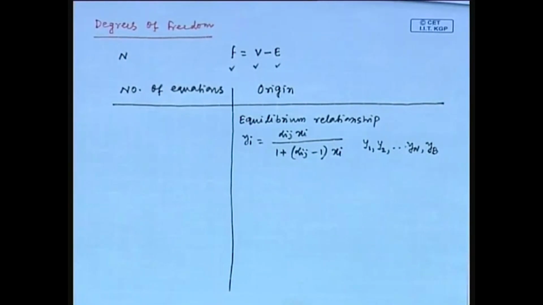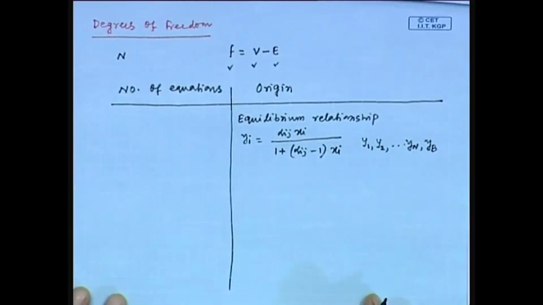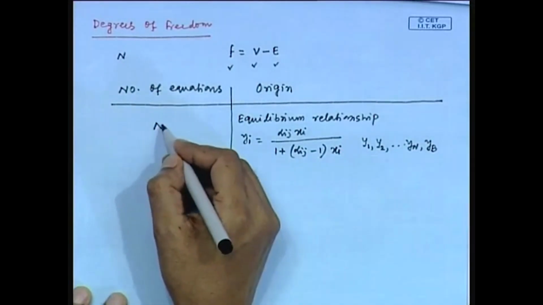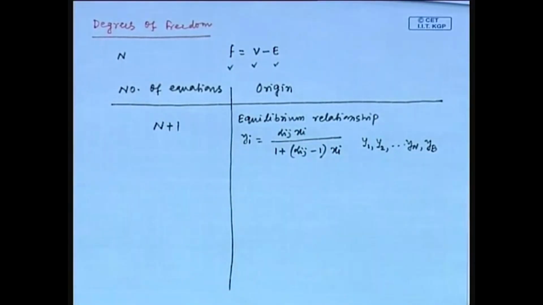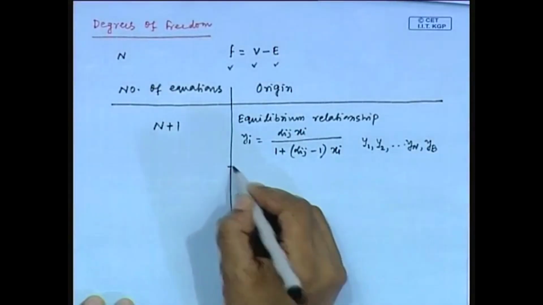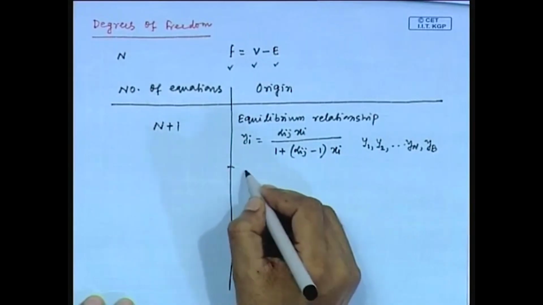So, what is the number? N plus 1. So, the total number of equilibrium equations involved in the distillation model is N plus 1. Next is hydraulic relationship.